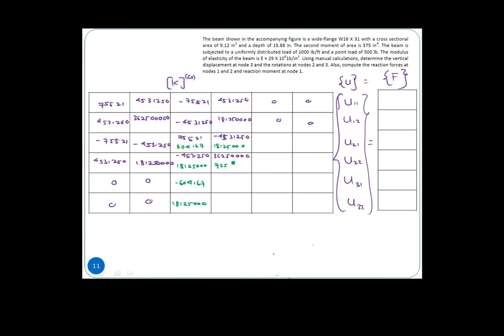Right, so then the second one is 1812500, 0725. That will be a large one. Right, then negative 1812500, 3625. Then just complete the entire stiffness matrix. So I have negative 604,167, 1812500.